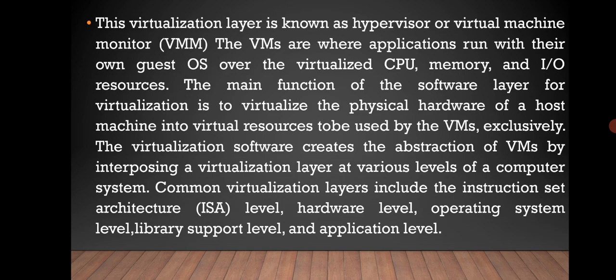The VMs are where the applications run with their own guest OS over the virtualized CPU, memory, and I/O resources. The main function of the software layer for virtualization is to virtualize the physical hardware of the host machine into virtual resources to be used by the virtual machines exclusively.